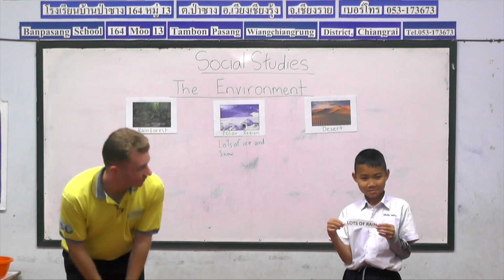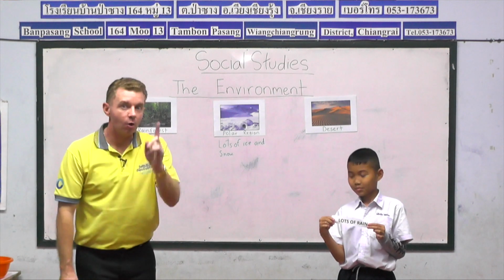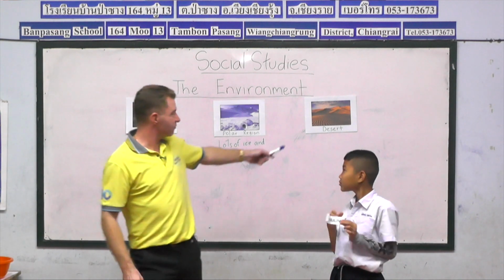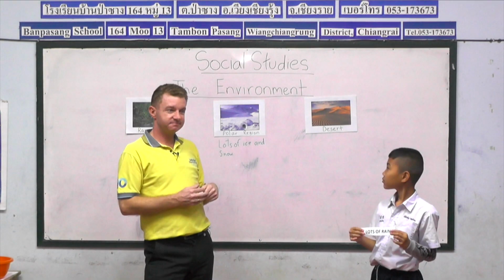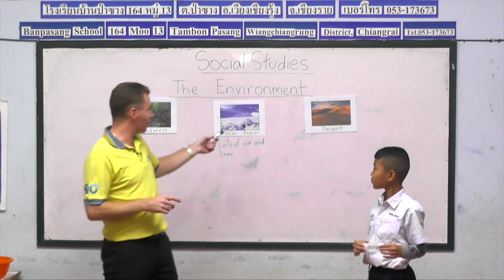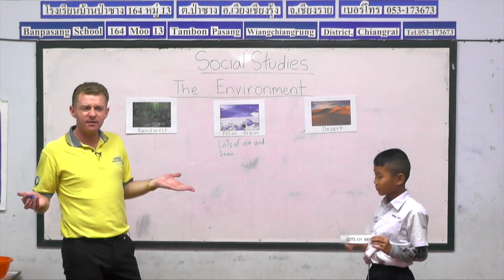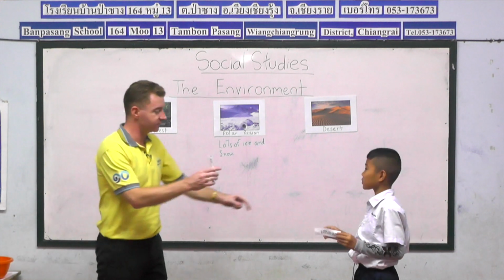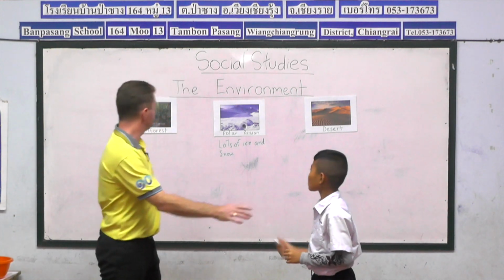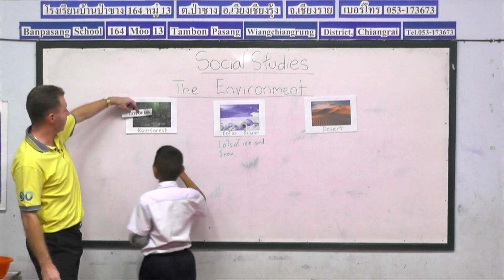So let's see. Lots of rain. So do we get lots of rain in the desert? No. Do we get lots of rain in the polar regions? No. Where do we get lots of rain? Rainforest. So over to Bangpon. Can you write the vocabulary lots of?